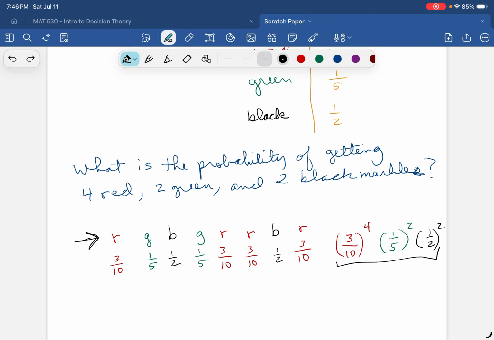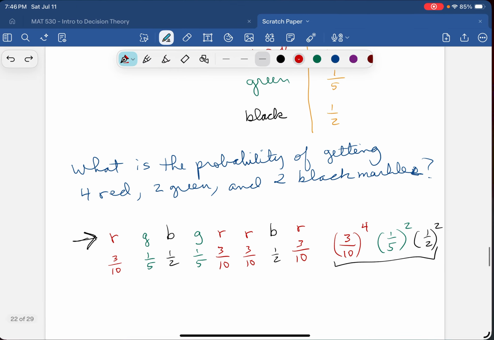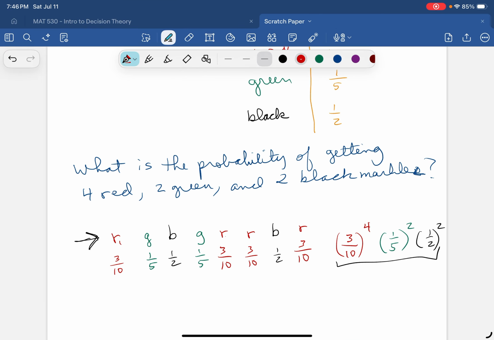And to point out something here, now we don't care about order, but to illuminate that, I'm going to number the reds. I'm going to call these R1, R2, R3, and R4. And then similarly G1 and G2, and then B1 and B2. This is exactly the same as if this were R2 and this were R1.